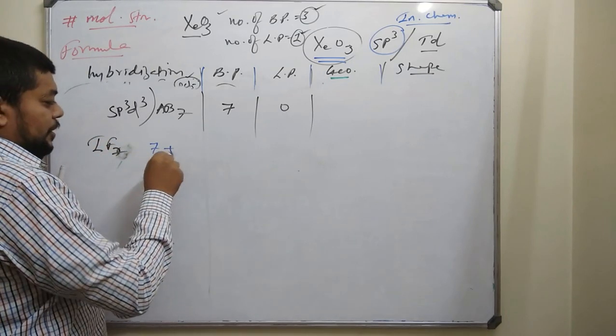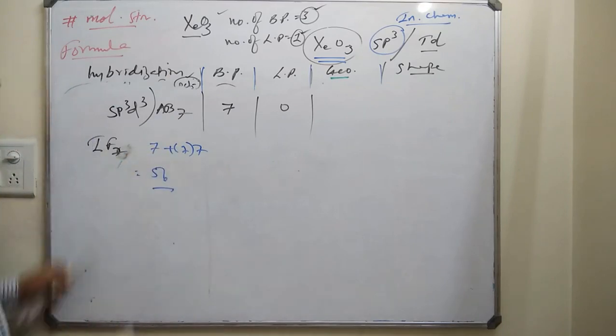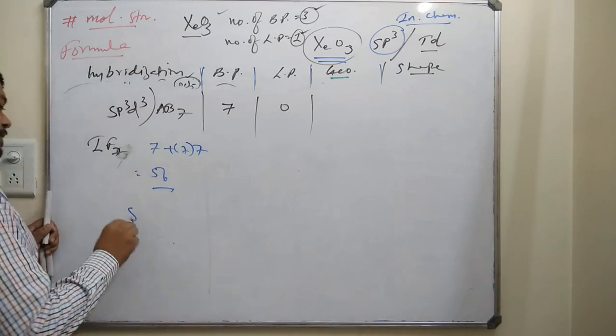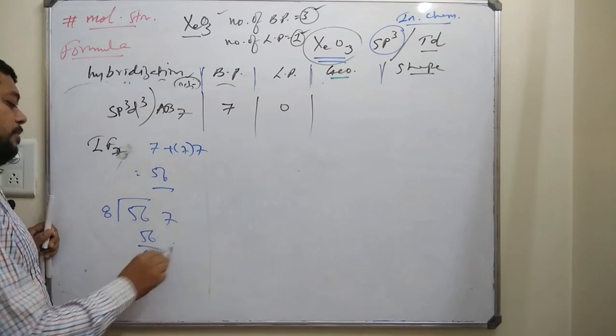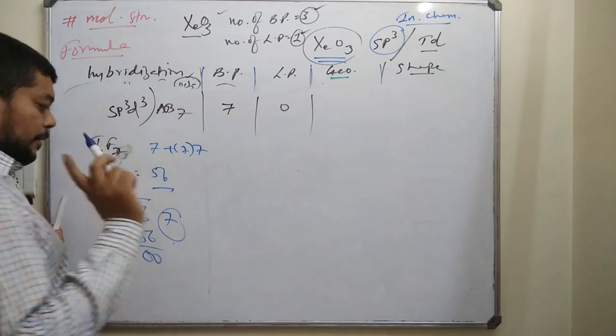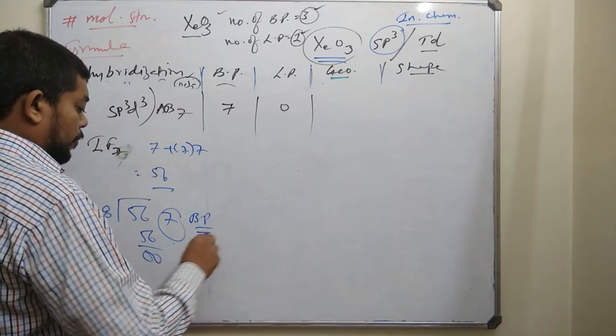Iodine is 7, each fluorine is 7, and you have 7 such fluorines, so the total will be 56. When your total is 56, it is 8, 7 times 56, and you end it in a single step. Whenever you end your answer in a single step, all of them are bond pairs.